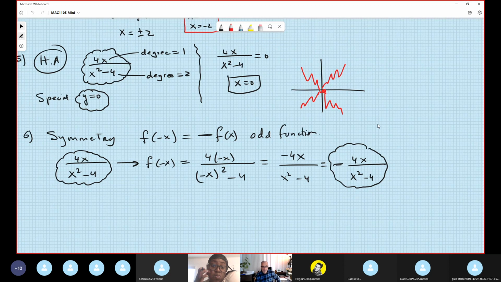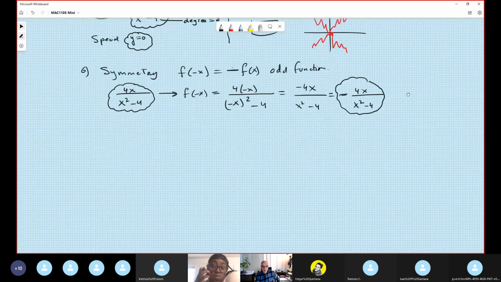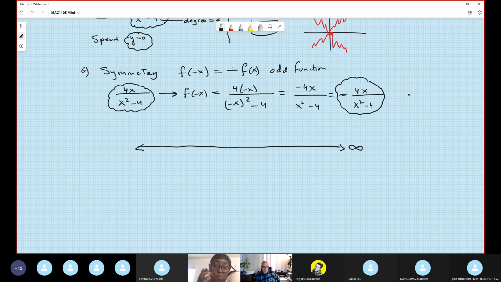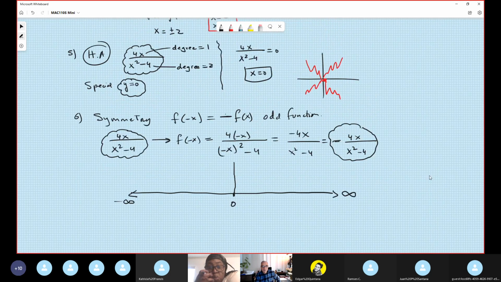Okay, finally, I try to make the real number line. I plot the point (0, 0). And also, I discovered that we have two vertical asymptotes: at 2 and at negative 2.